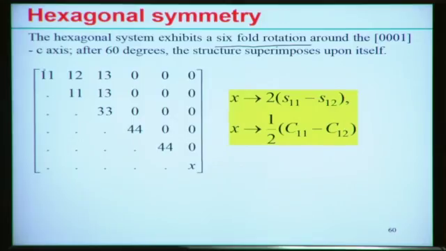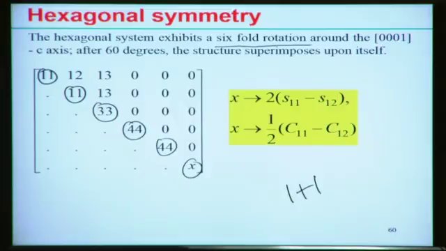So 1 1 1 1 here, then 3 3, 4 4 4 4, and there is another term x. So 1 1 is one type, 3 is another type, 4 is another type, and x.